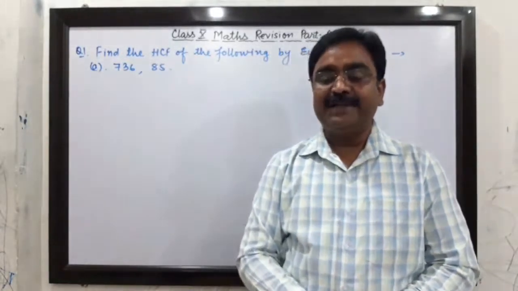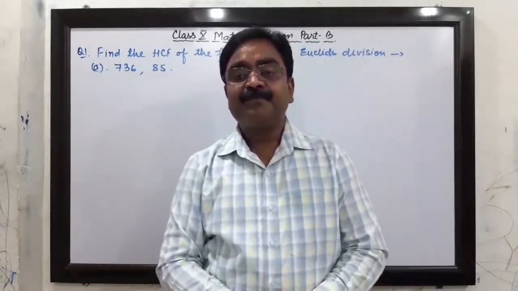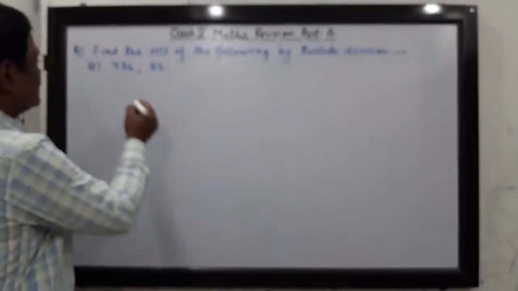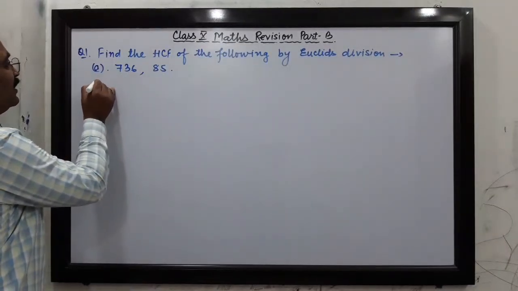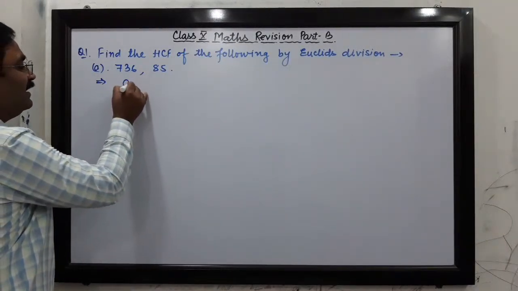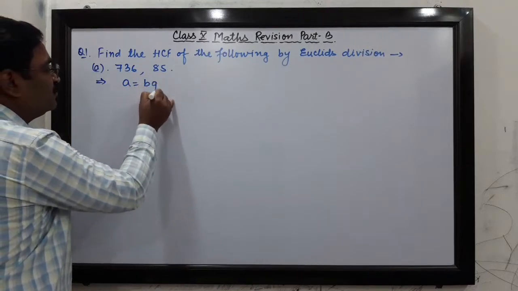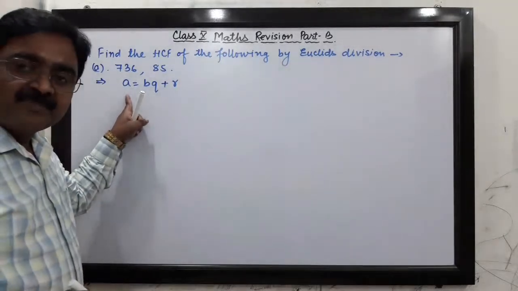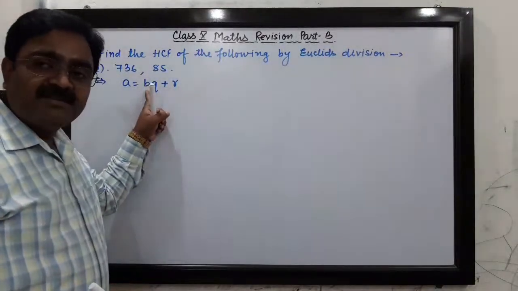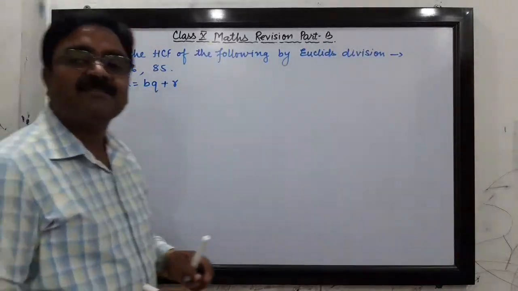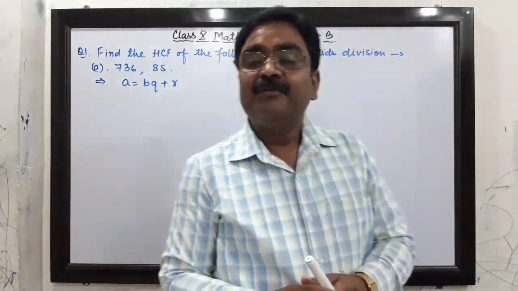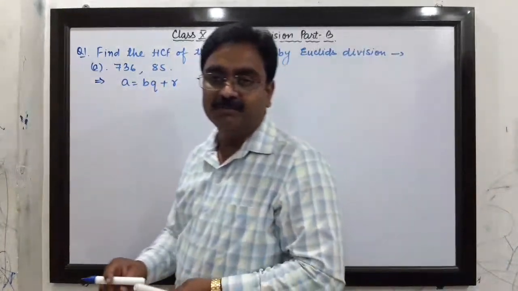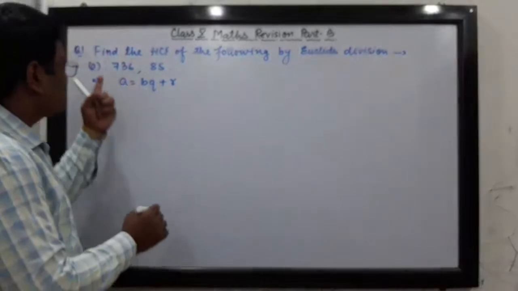As there are two numbers, we are going to find out the HCF of them. And you know Euclid's division lemma: the formula is A equals BQ plus R, where A is the dividend, B is the divisor, Q is the quotient and R is the remainder. With this method we are going to find the HCF of these two numbers.